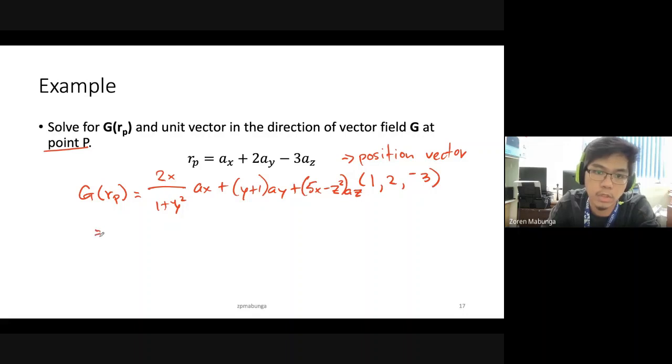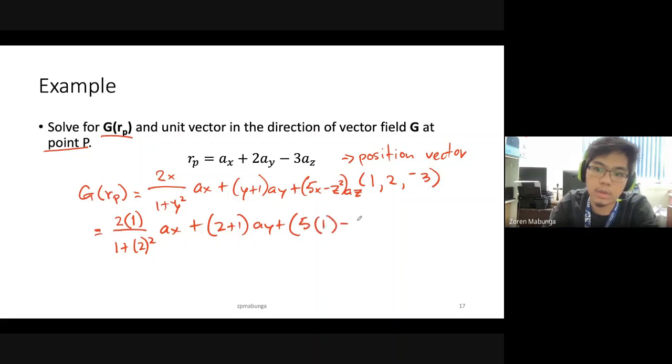So for this particular vector field, kasi ang tinanong niya is solve for GRP in the direction of vector G at point P. Ano yung value ng x? So 1. Divide by 1 plus y squared, so 2 squared ax plus, 2 plus 1 ay plus 5 times 1 minus negative 3 squared az.